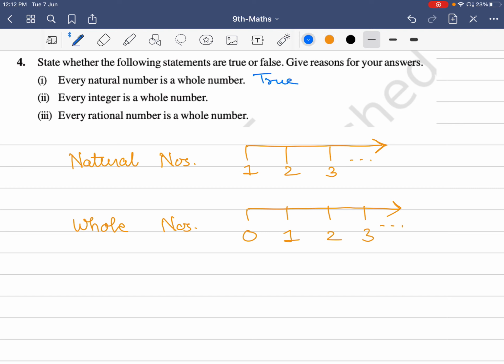Next, every integer is a whole number. We haven't mentioned the integer number line, so let's do that as well. This is my integer number line, which is a bit big.